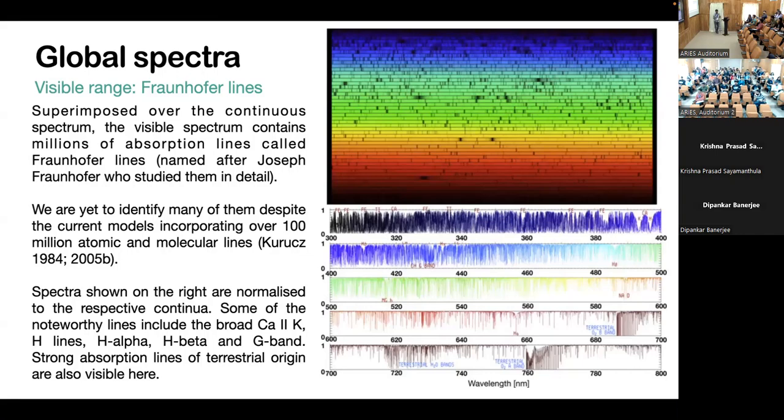Because these are molecules, this is oxygen, and these H2O bands are water vapor bands. These are some of the prominent telluric lines. When you have molecules, you have even closer lines, so you see a band of them, because these vibration levels are sometimes very close by. When you have molecules, you have more combinations of these energy levels, so you have more crowded lines there.